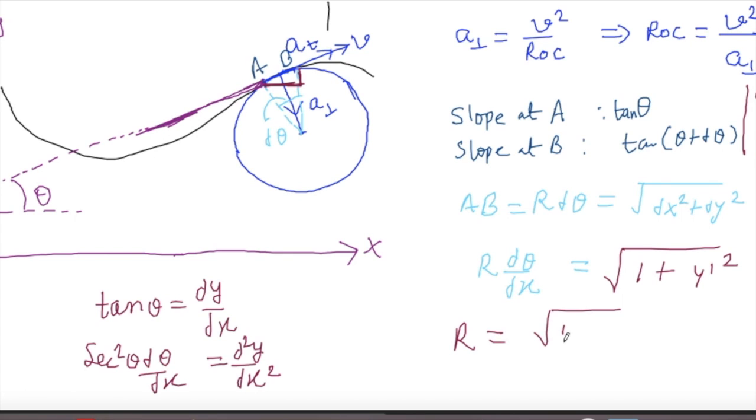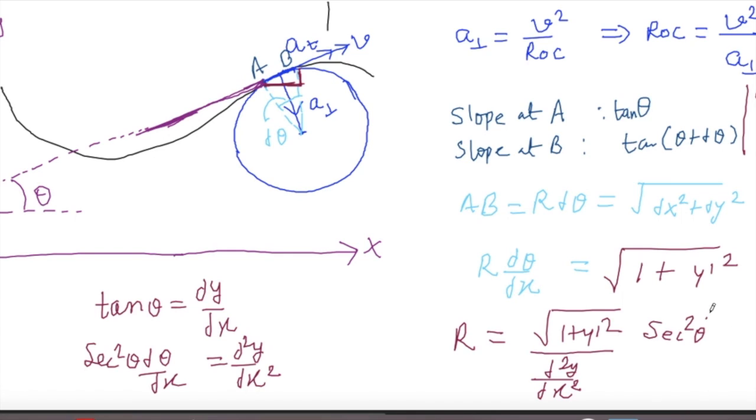You have a sec square theta in the denominator, which will become... So d theta by dx is equal to d2y by dx square divided by sec square theta. Sec square theta will go in the numerator, and sec square theta is 1 plus tan square theta, and tan theta is dy by dx.